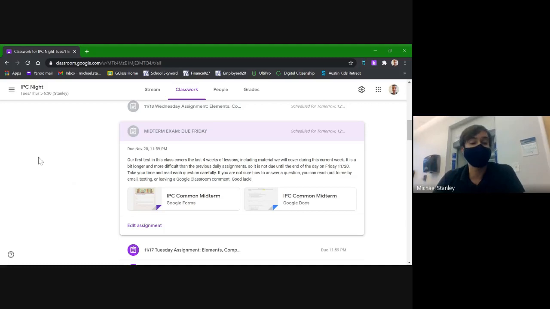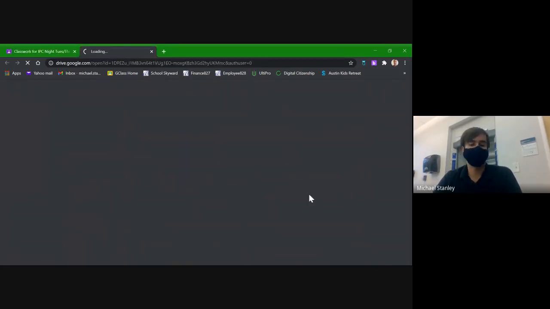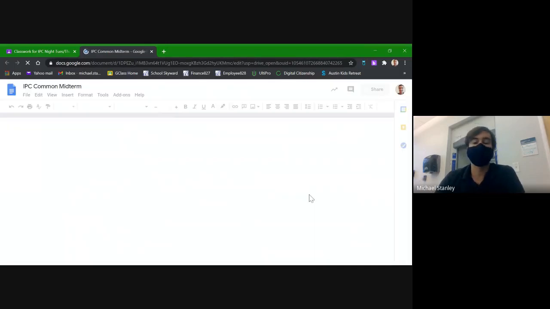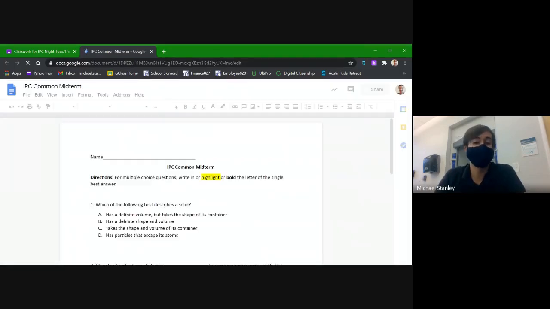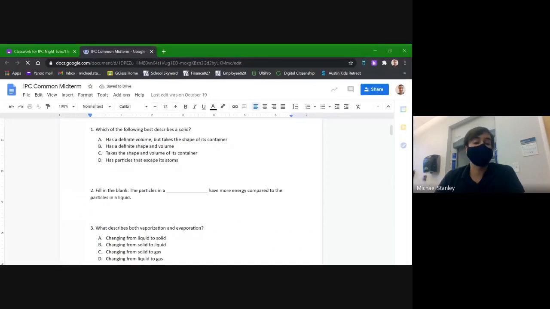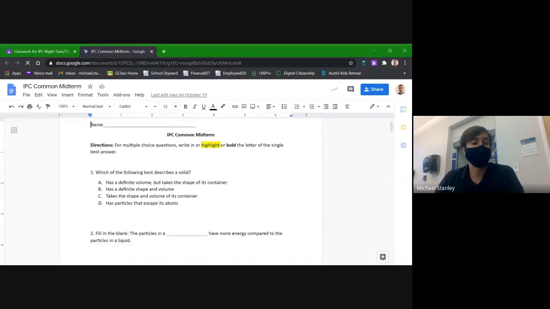So as always, you can do the exam either in Google Doc form, where it's just one big version of the exam. For the Google Doc, for multiple choice questions like this first question, you can either write in the answer somewhere, or you can highlight the correct answer.